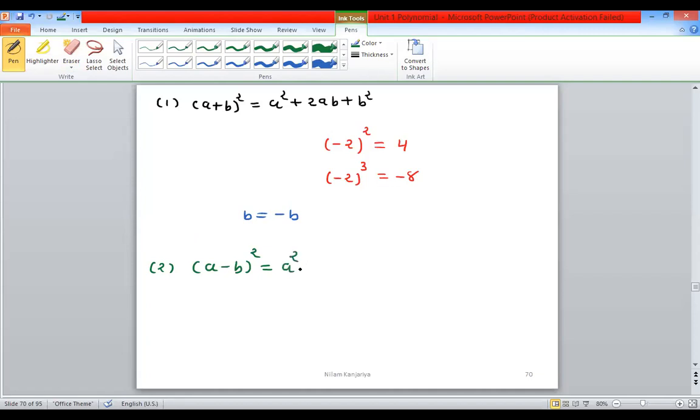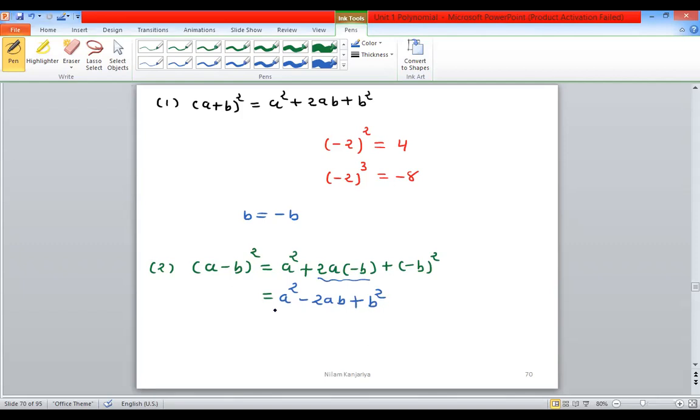A as it is, positive sign as it is, b is minus and minus b square. So a square, the product of these three terms gives a minus 2ab and minus b square, this is plus b square.